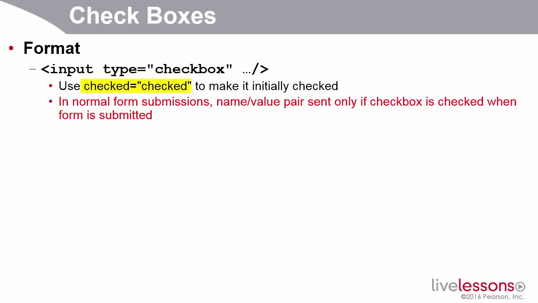Although with JavaScript, you can, in your code, read the value of the checkbox and decide what to send. You could send true or false, or you could send two different parameters, or you could just not send anything if it's false. So this is a complexity in normal form submissions that's not so important when JavaScript contacts the server.